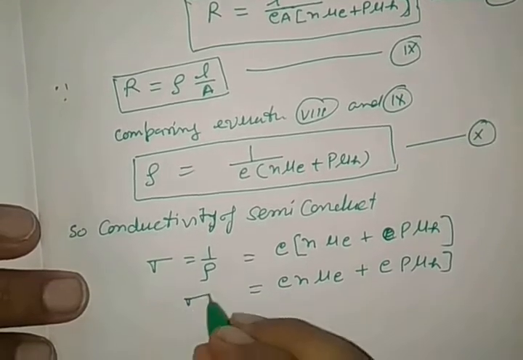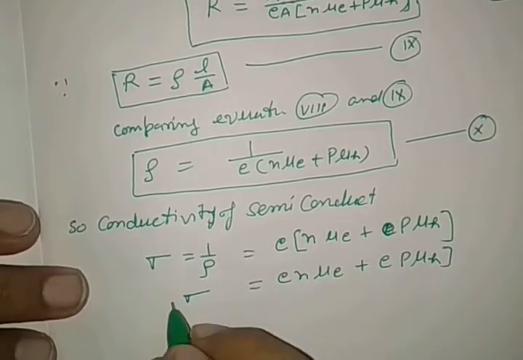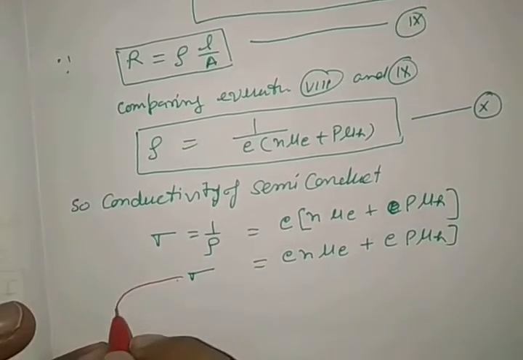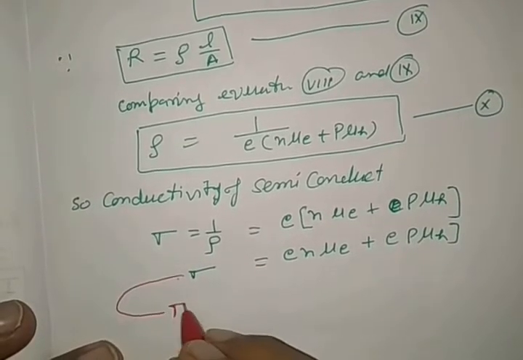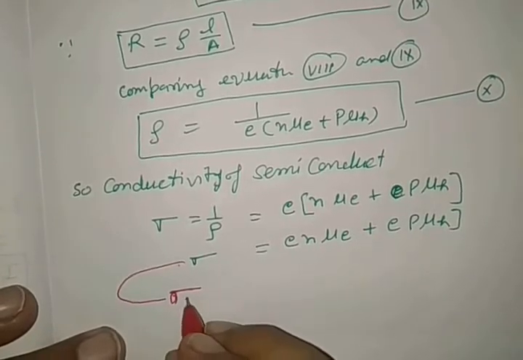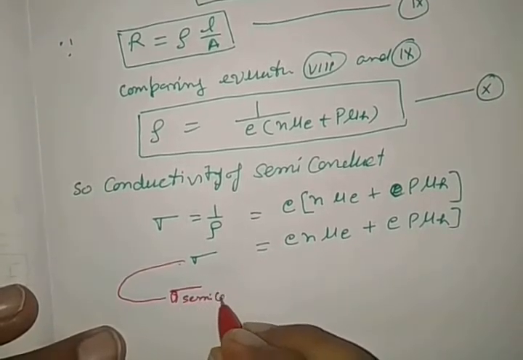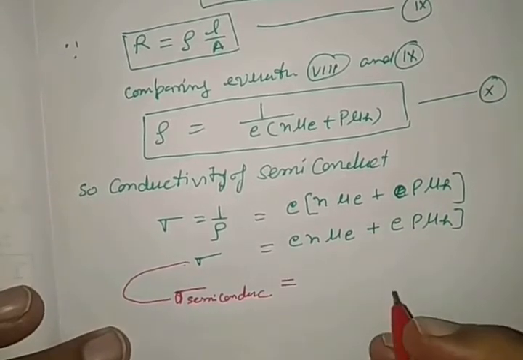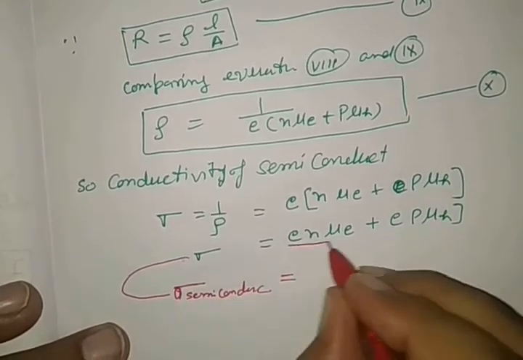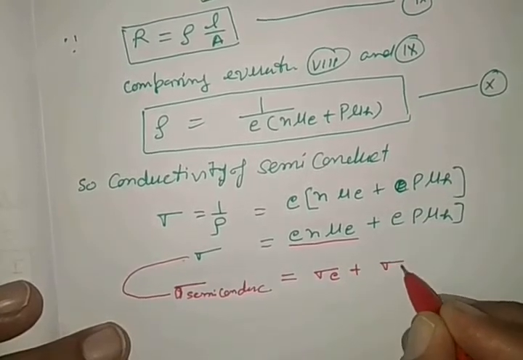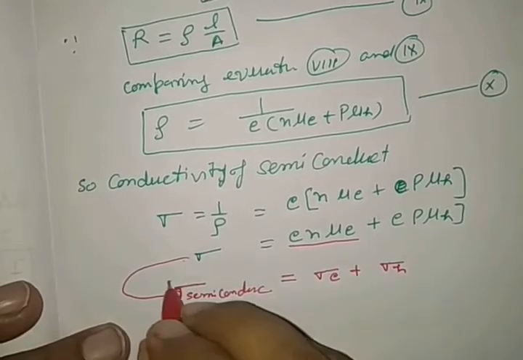This is the sigma. This equation in more elaborated form can be written as, see in the red color, conductivity of a semiconductor is equal to conductivity due to electrons plus conductivity due to holes.